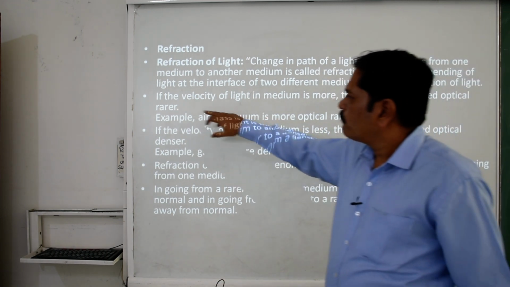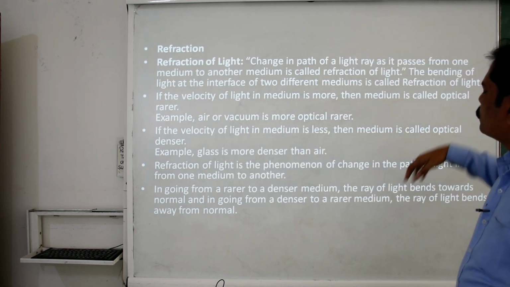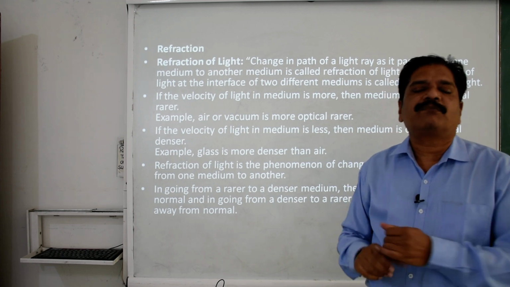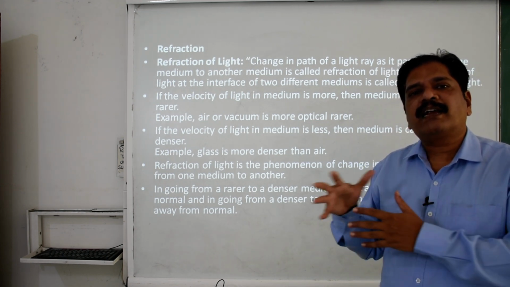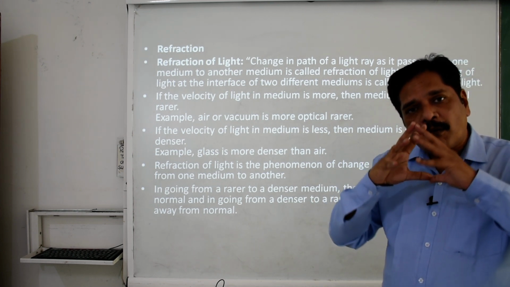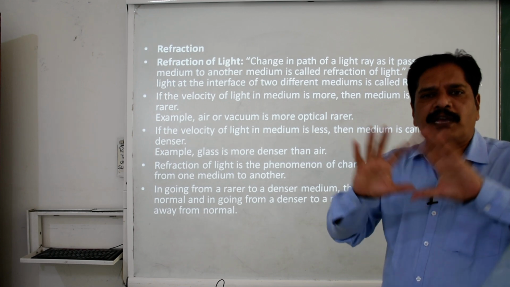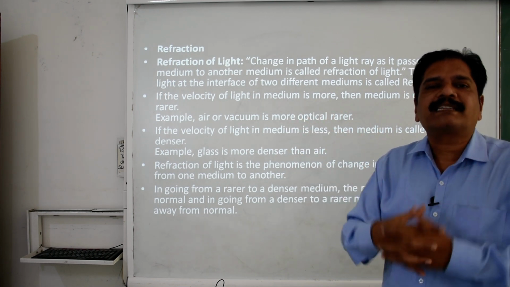Clear? If the velocity of light in a medium is more, then the medium is called an optically rarer medium. There are two types of medium: one is rare medium and the second is dense medium. What is dense? When the components of that medium are not very dispersed, they are densely packed.